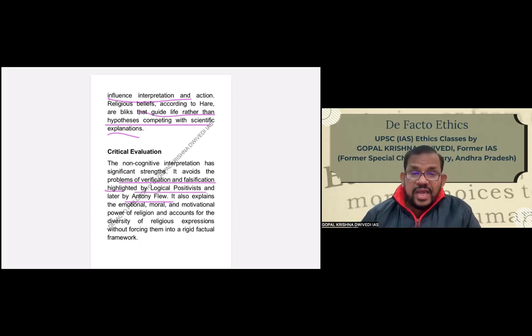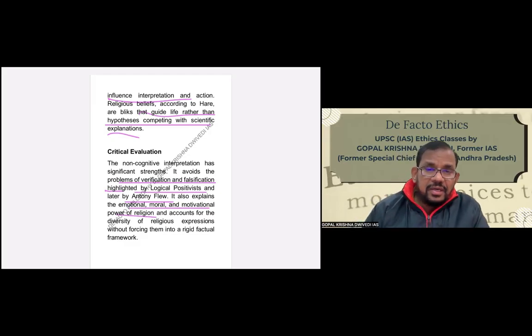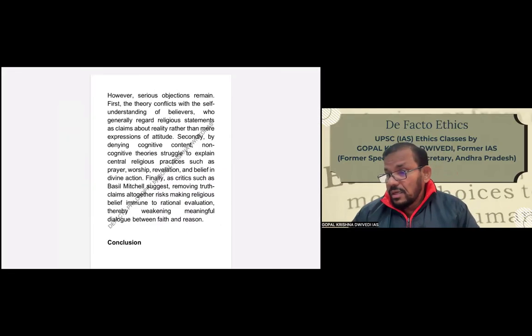It also explains the emotional, moral, and motivational power of religion, because Hare and Braithwaite have clearly brought this out, and it accounts for diversity of religious expressions without forcing them into a rigid factual framework. But there are several negative points, or several objections.